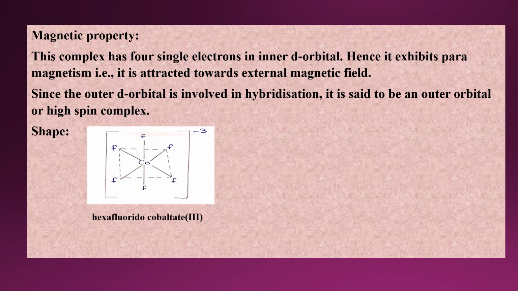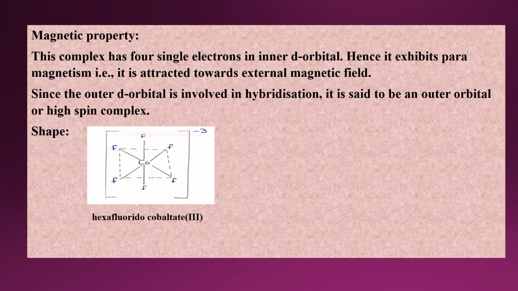There are 4 single electrons in the inner d orbital, hence it is showing paramagnetism. But since the outer d orbital is involved in hybridization, it is said to be an outer orbital or high spin complex.